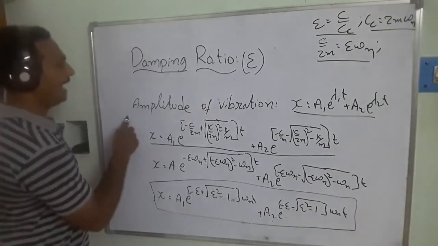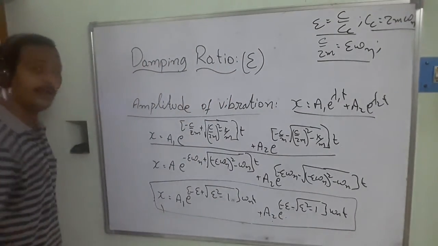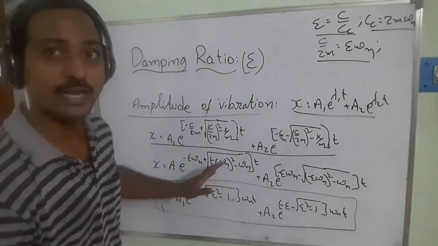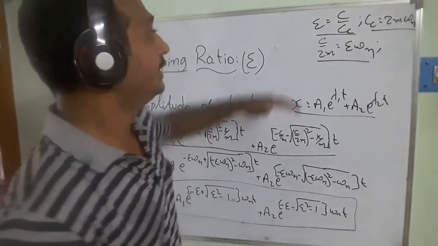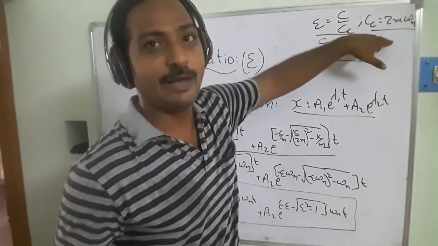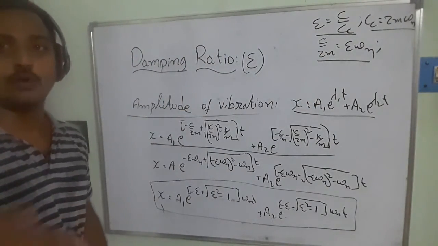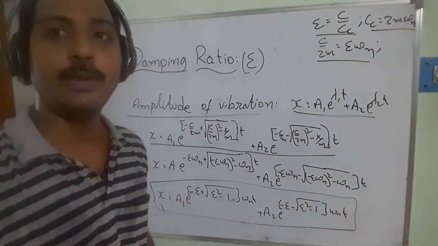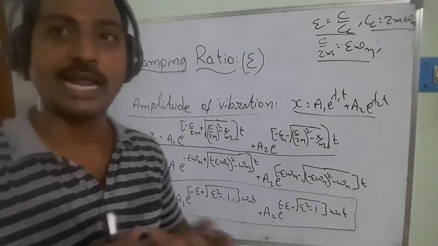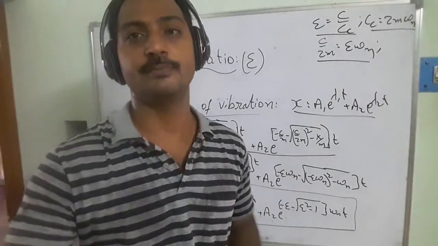This is the displacement of the vibration when converted into damping ratio, critical damping and the radical. This way we will solve the coming equations and characterize the vibrations of the system. Thank you.